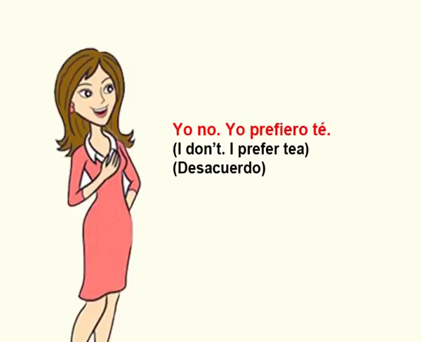And Paula says, yo no, yo prefiero té. Té is tea. Juan likes coffee. Mary also likes coffee and says, yo también. Paula likes something else. So she says, yo no, I don't prefer coffee, I prefer tea.